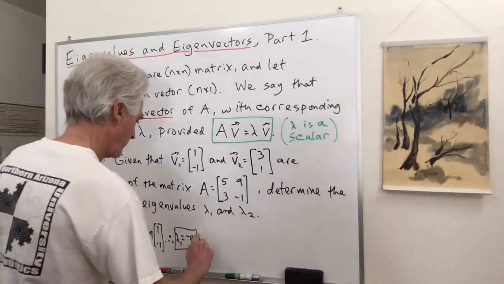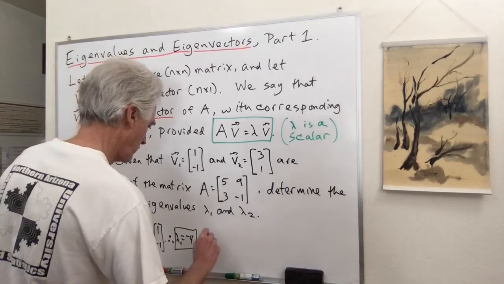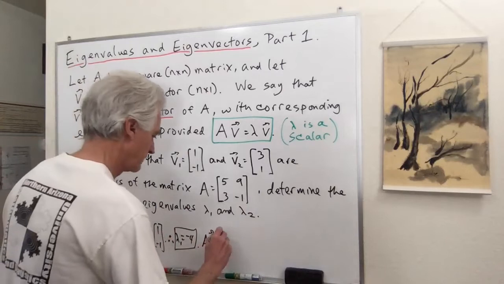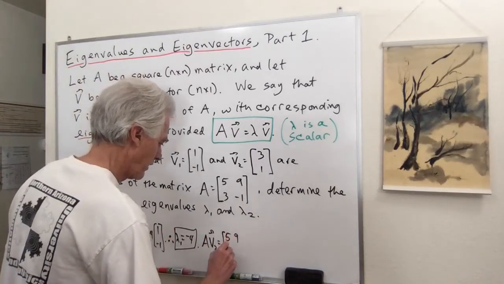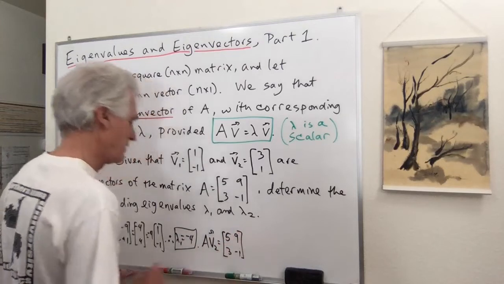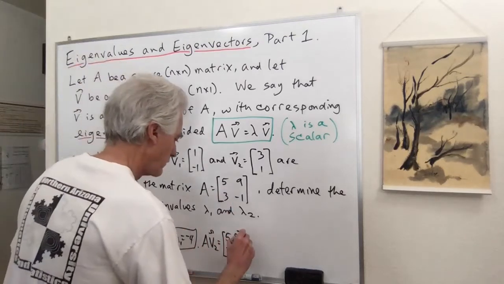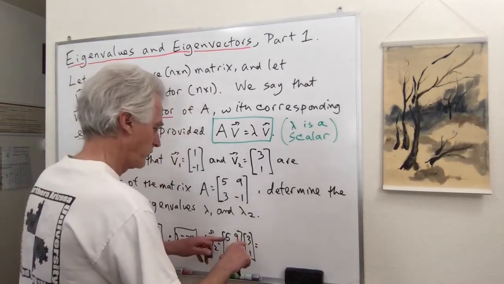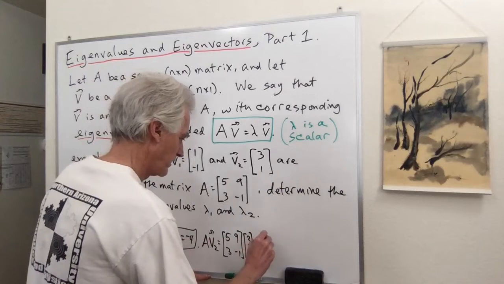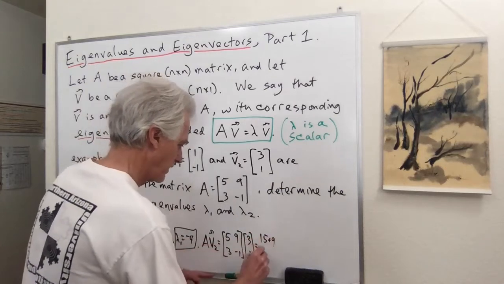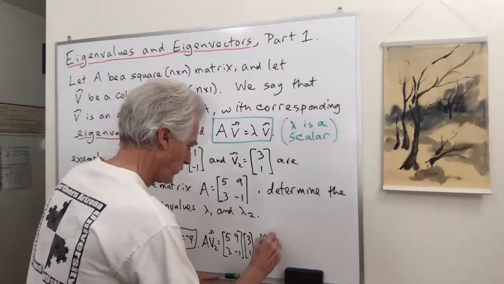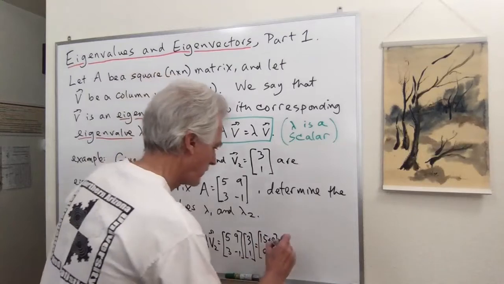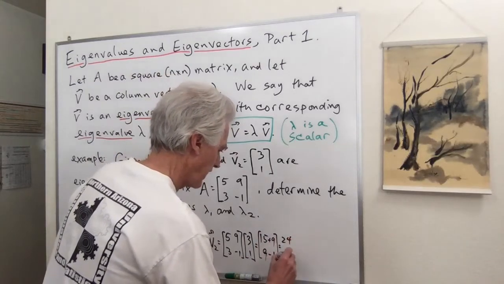Second, we have that AV2 is [5, 9; 3, -1] times (3, 1). So again, I'm going to do 5 times 3 in my head, 15, plus 9, and then I get 9 minus 1. That's 24 on top, and 8 on the bottom.